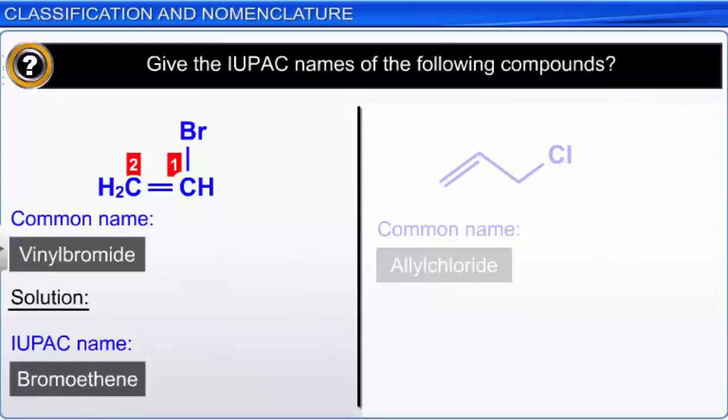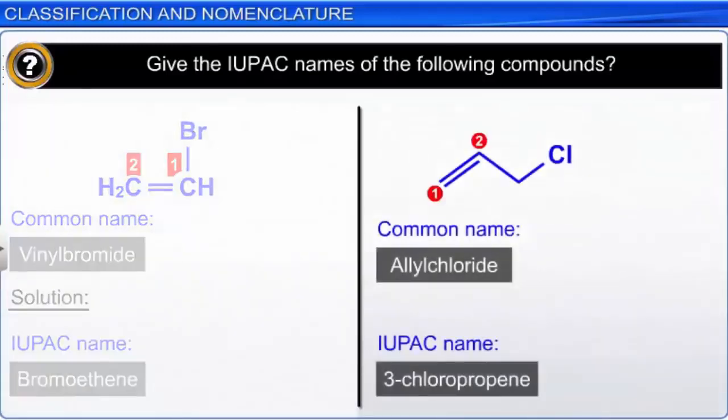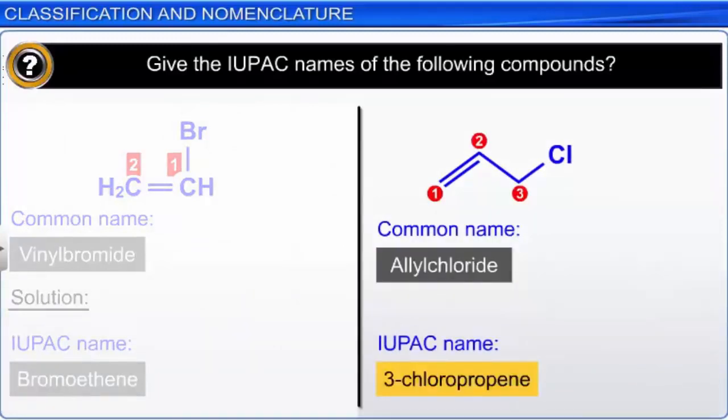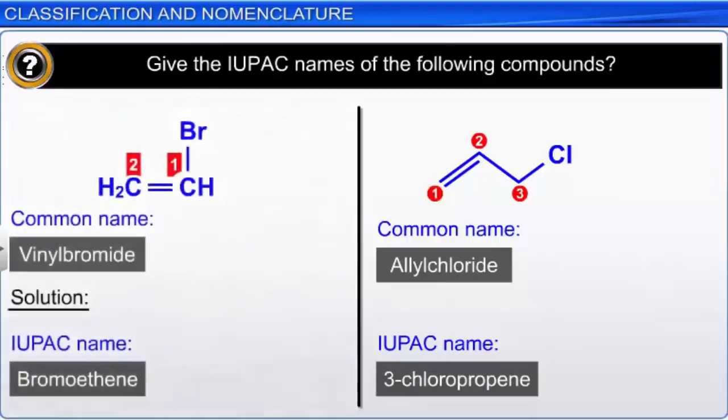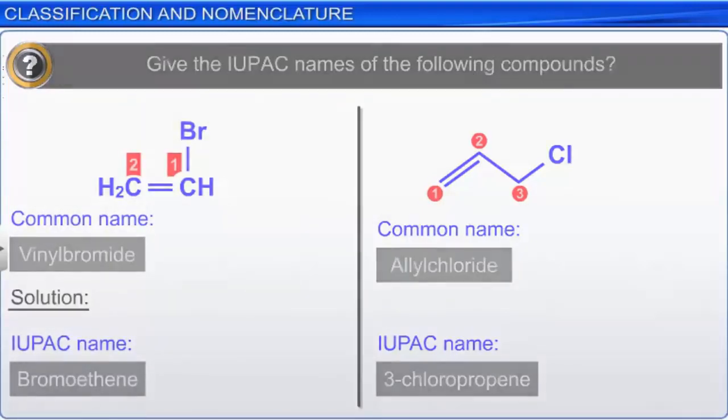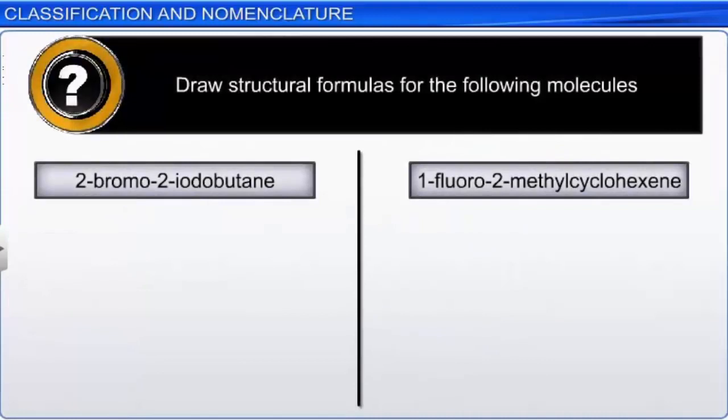Let's practice another important skill. That is, drawing structural formulae from names. It is best if you start with the end of the name, with the carbon backbone, and work forwards. Try them independently before checking the answers.